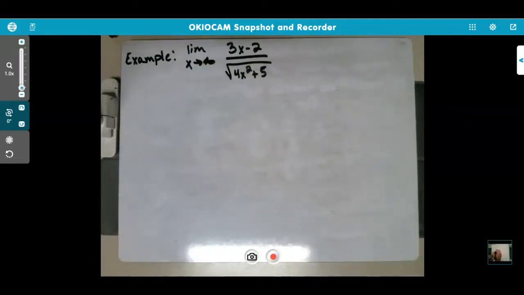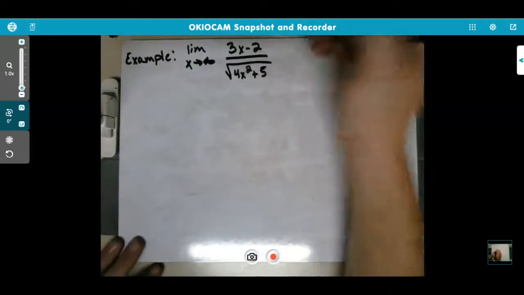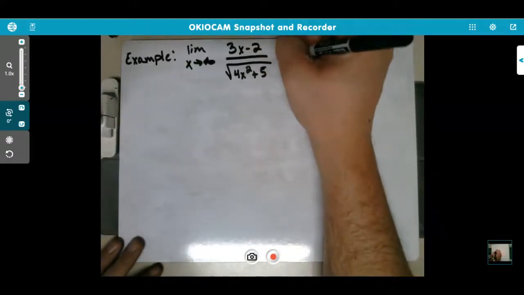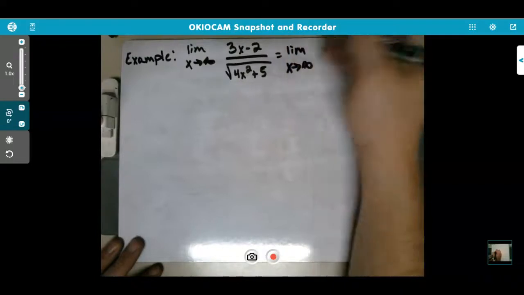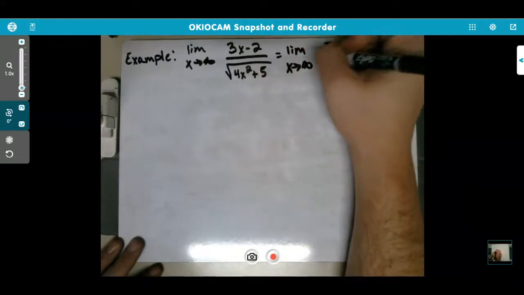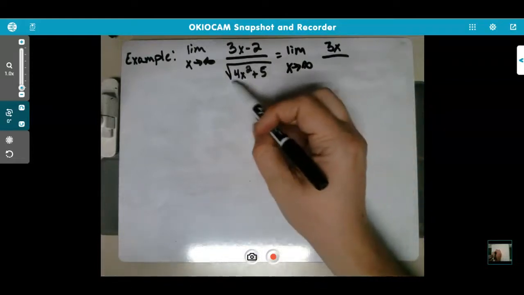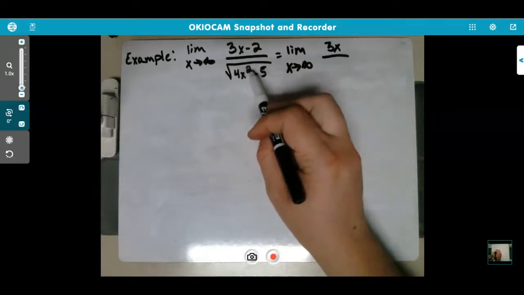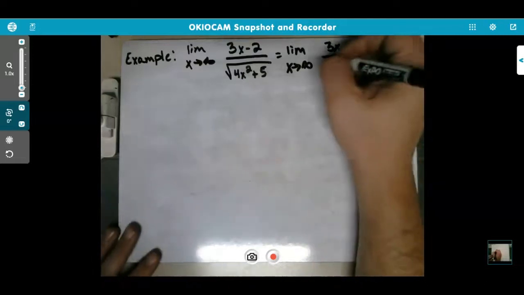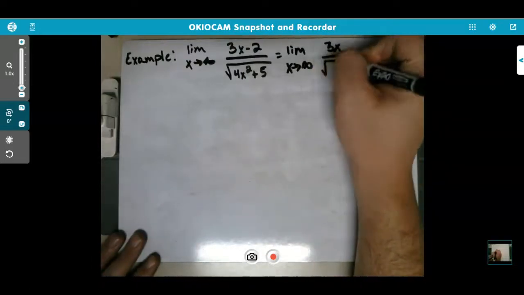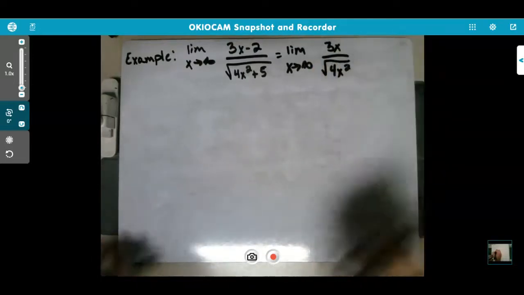So let's think about this one. Once again, just like we have done, I only need the largest ones on the top and the bottom. So on top, that's 3x over. On the bottom, this one seems a little strange, but on the inside, the largest term is 4x squared. So what I care about the most is the square root of 4x squared.